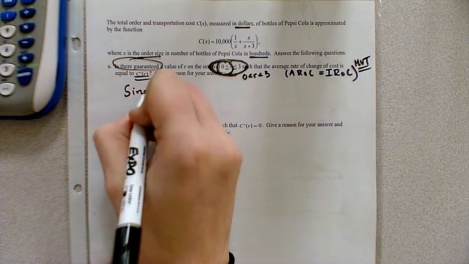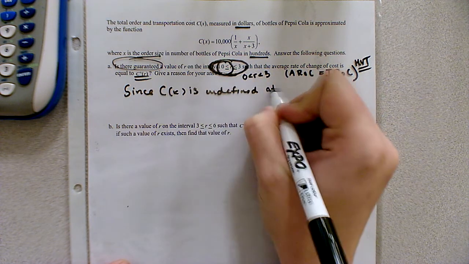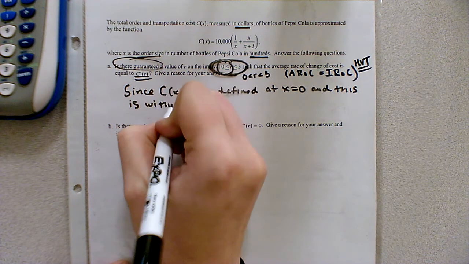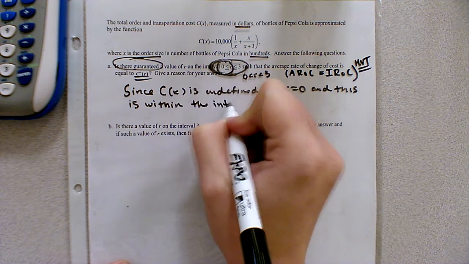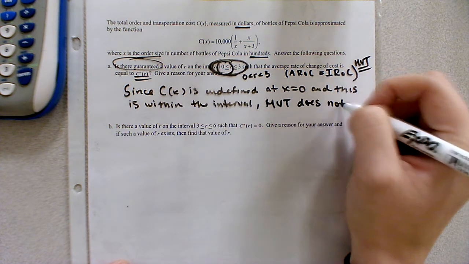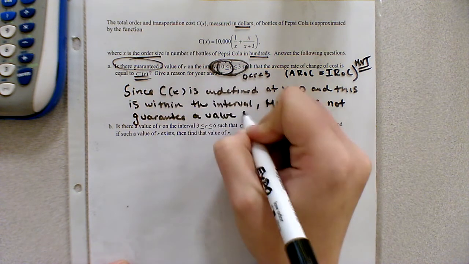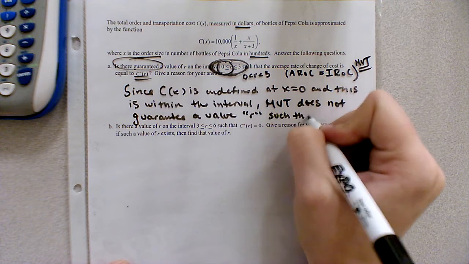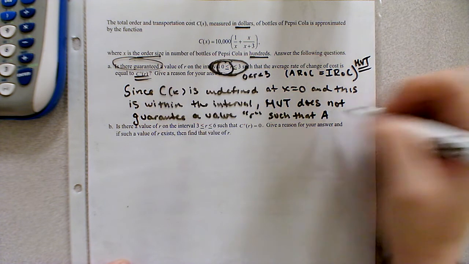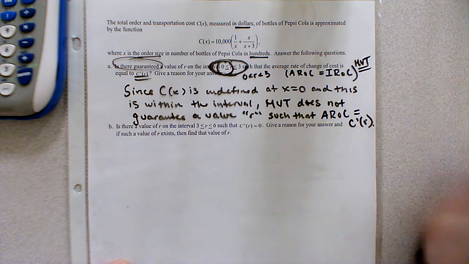So we'll say, since C of X is undefined at x equals 0, and this is within the interval, the mean value theorem does not guarantee a value R such that the average rate of change, I'm going to abbreviate this because I'm running out of room, would equal the instantaneous, aka the derivative.